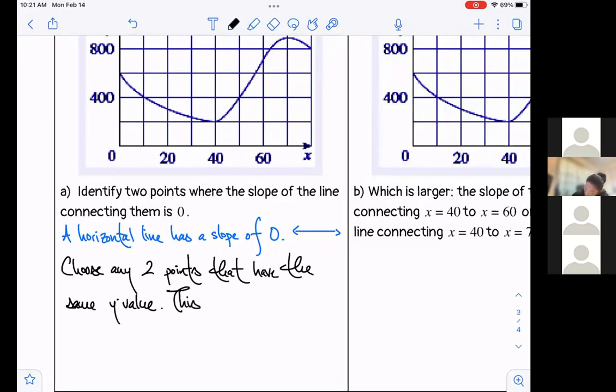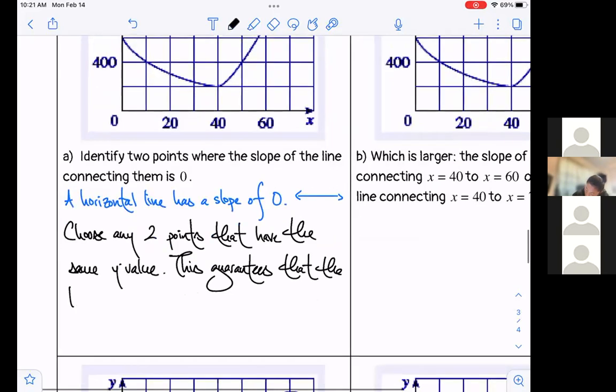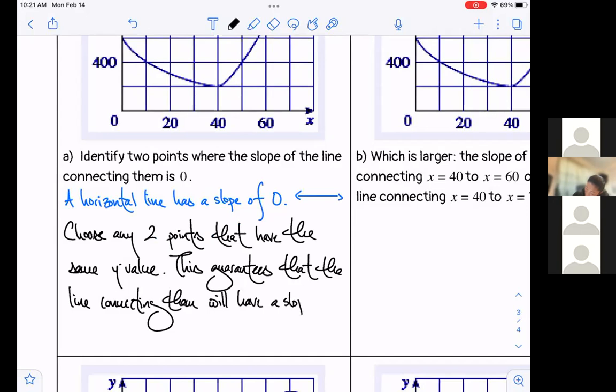This guarantees that the line connecting them will have a slope of 0.